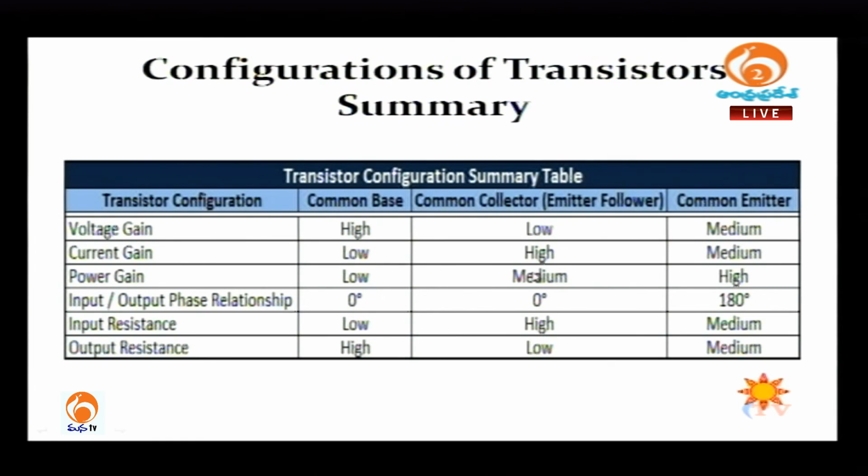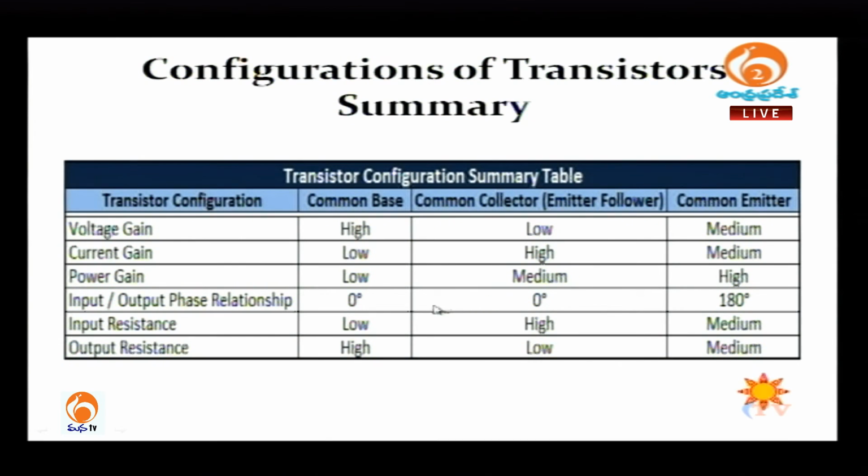Common collector configuration is medium, but when we take the case of input and output phase relationship, then we see that there is no phase difference between input and output in the case of common base configuration and common collector configuration. That means, if we apply a positive going pulse at the input, we get a positive going pulse at the output.